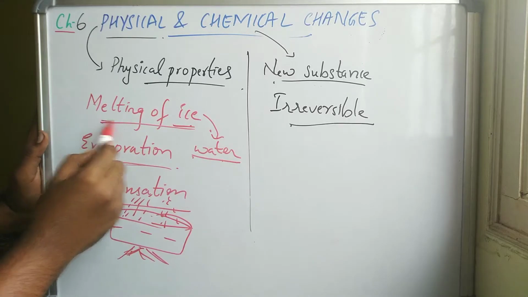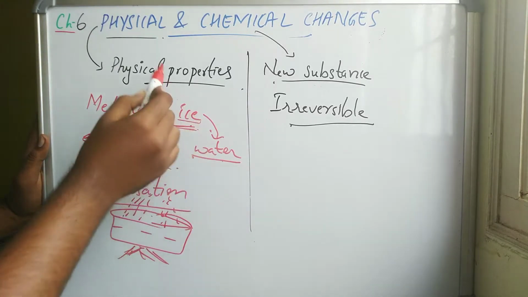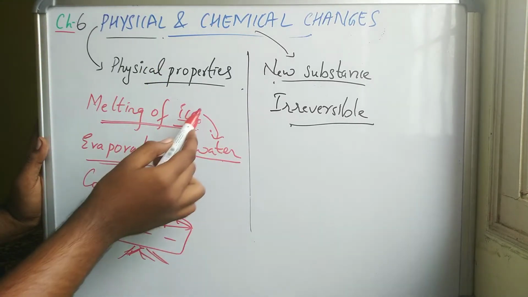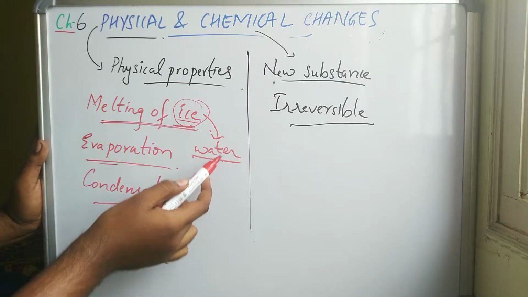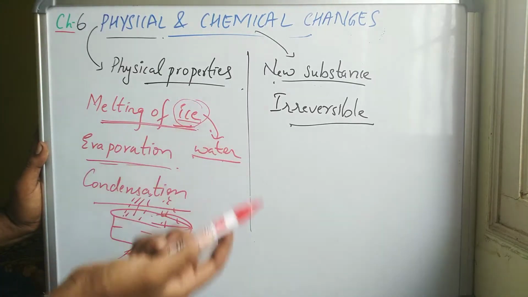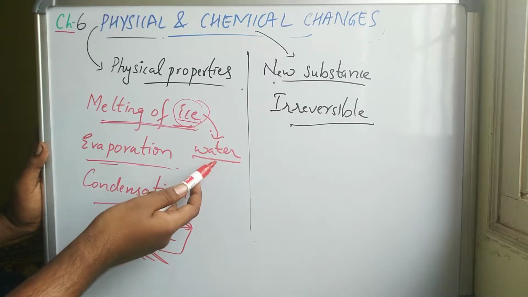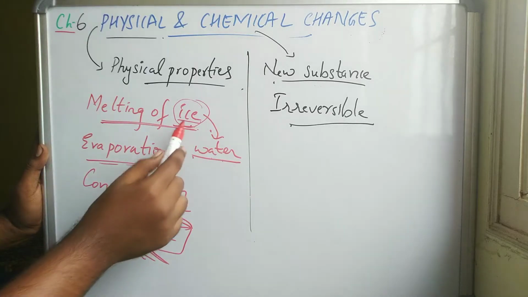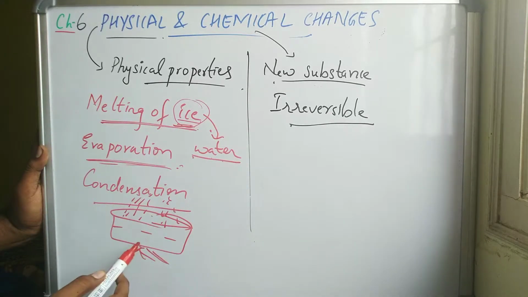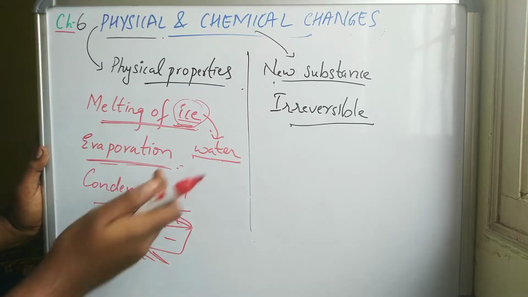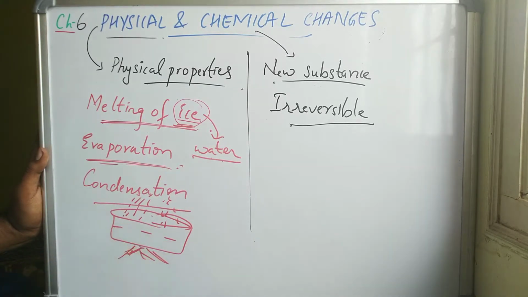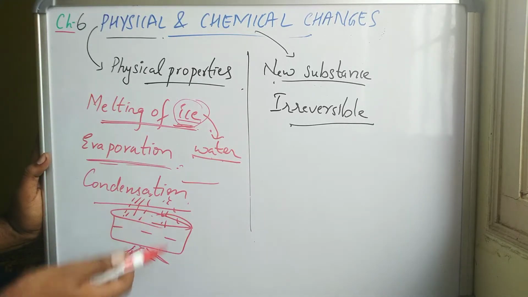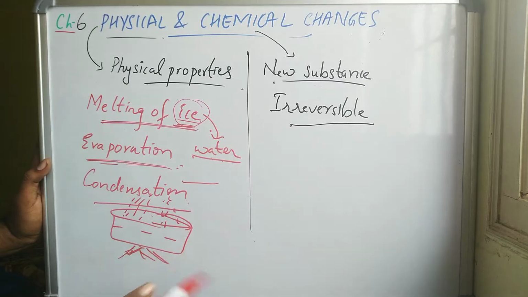Like for example, melting of ice, the physical change is mostly reversible. Ice to liquid. Can I change water into ice? Yes, I can change the water state into solid state, that is ice. Here also in the evaporation process, water vapors are there. I can change the water vapors into water by the process of condensation. Condensation means water vapors convert into water, and water I can convert to water vapors.